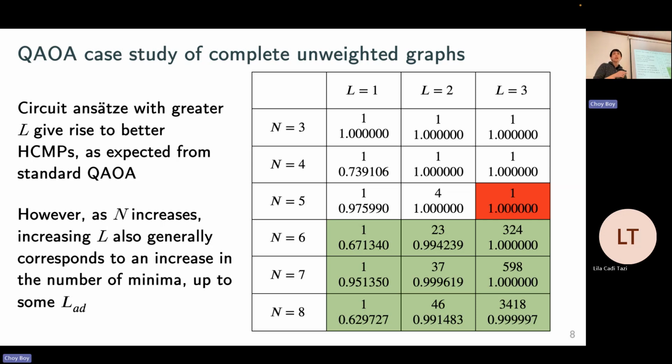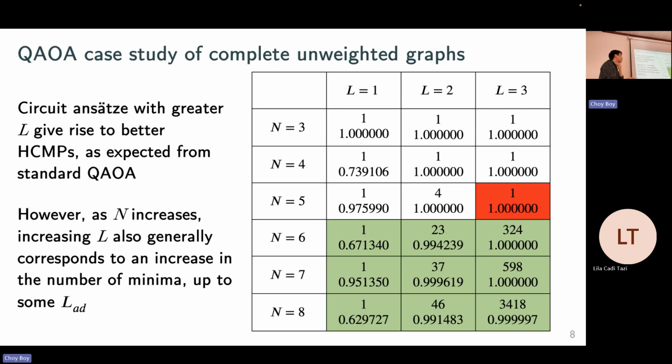We use a number of degrees of freedom argument, because for n equals 3, that's 6 degrees of freedom. We also want to find the minimum number of layers to reach the best probability.